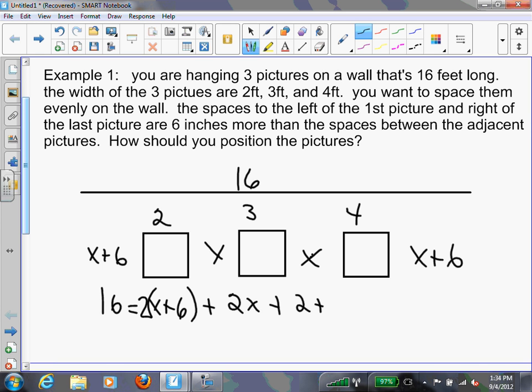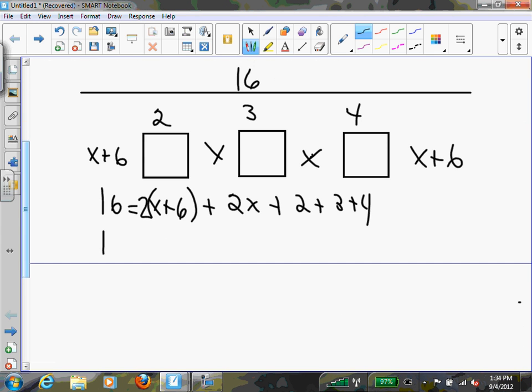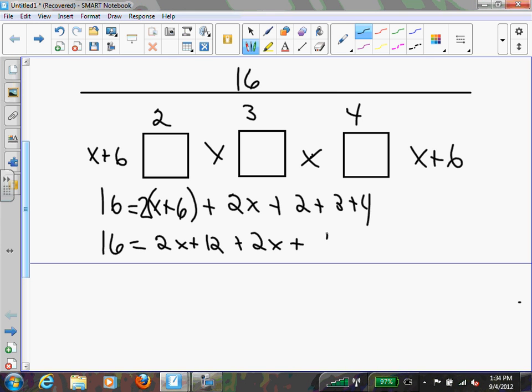Plus 2 plus 3 plus 4. All of those in feet should equal 16 feet. Does that make sense? So now let's see what we got. That means 16 is equal to 2x plus 12 plus 2x plus, are we okay writing 9 instead of 2 plus 3 plus 4? So that tells me that 4x plus 21 is equal to 16.